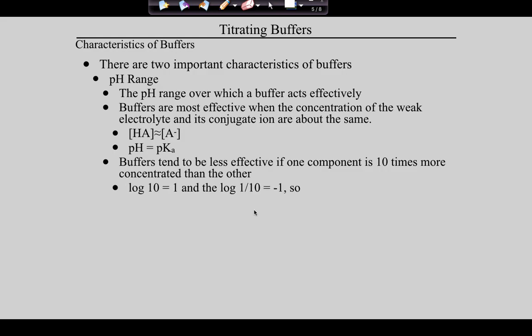So if 10 is the magic number, these things could be out of whack where one is stronger by a power of 10, or you could think of it as if the other one is weaker by a 10th. Then guys, the log of 10 is 1, and the log of 1/10 is -1. So functionally what that means is that buffers usually have a usable range of pH that is pKa plus or minus 1.